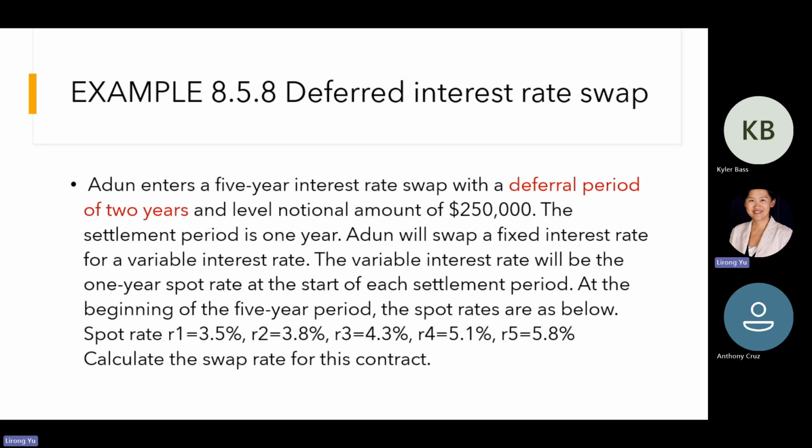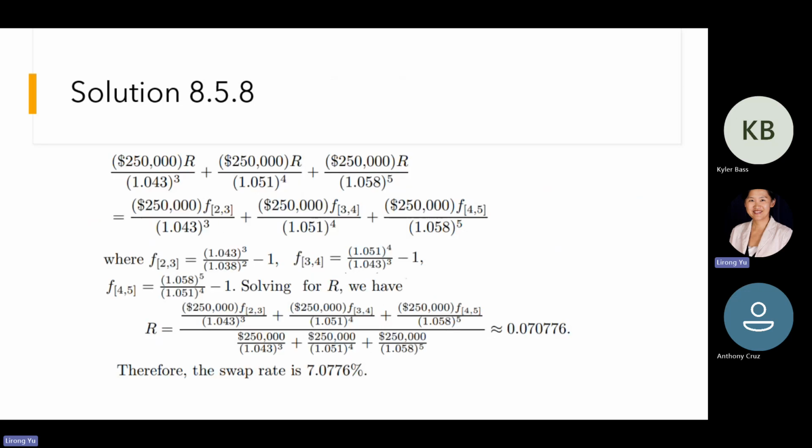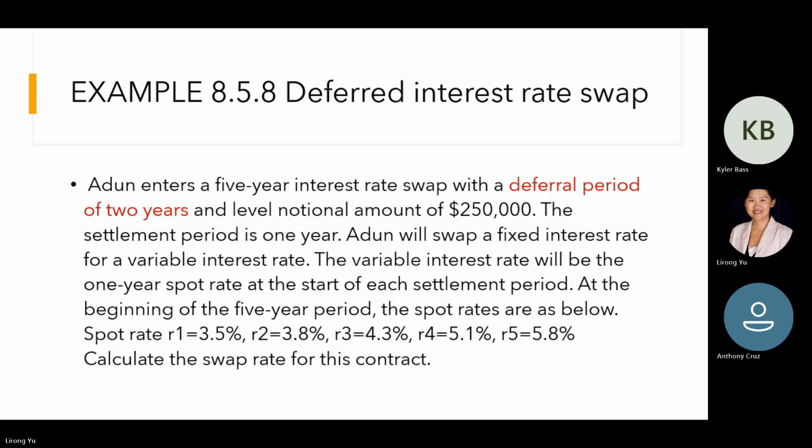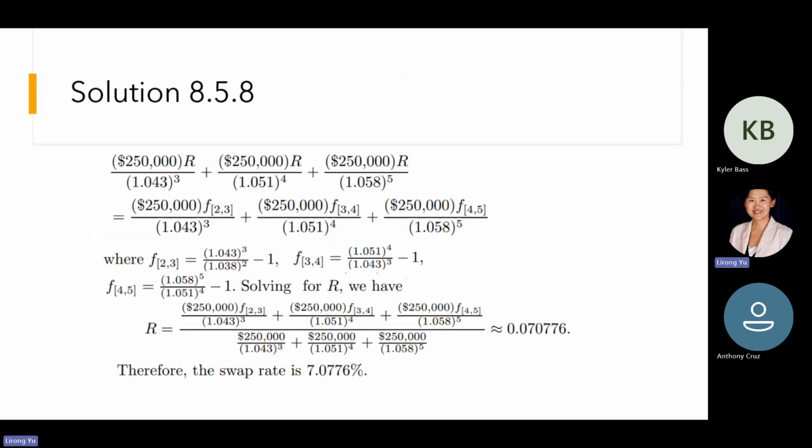So it's deferred 2 years. Then we start making a swap exchange at the 3rd year. That's what it means. So we defer 2 years, then we're not making the first swap. We start the swap at year 3. That's why we have 3 swap payments. Starting the 3rd year, we start exchanging the interest.